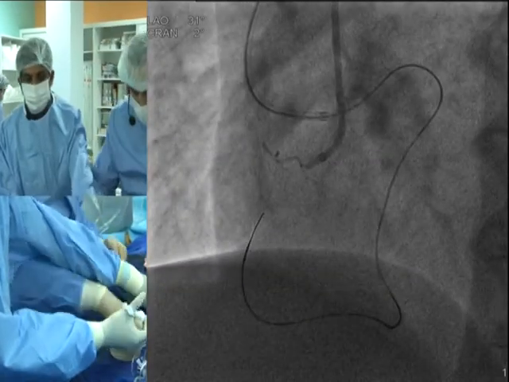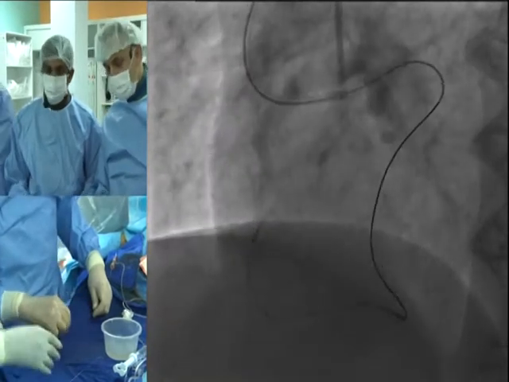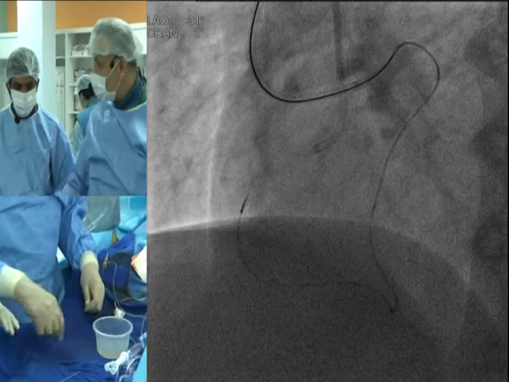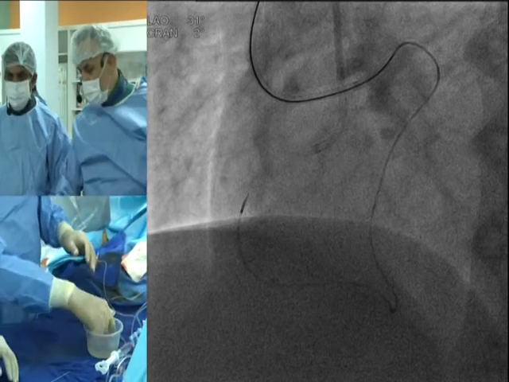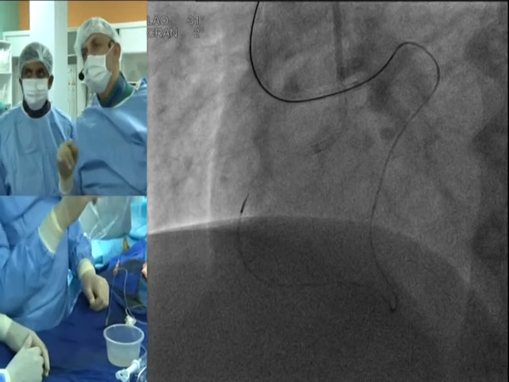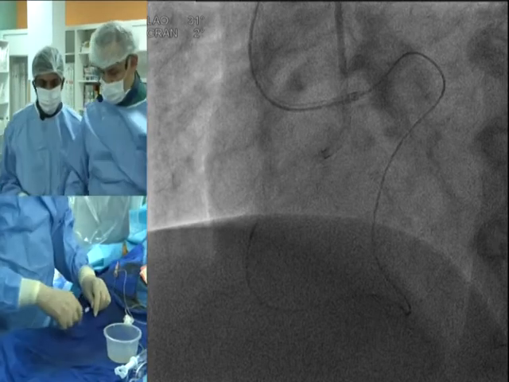So in here, if you want to, I like to change my wire to Miracle Ultimate now, because I'm in this different path, and I'm hoping that this wire will go directly into the RCA. That's good.